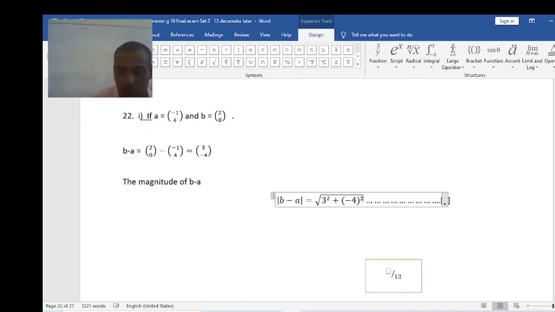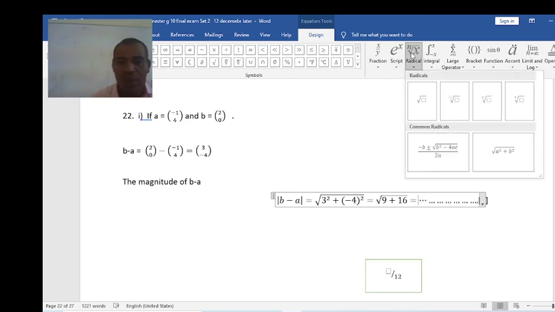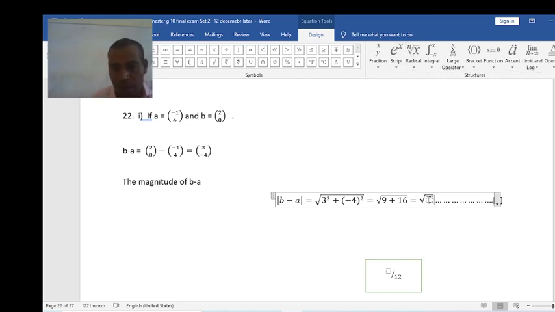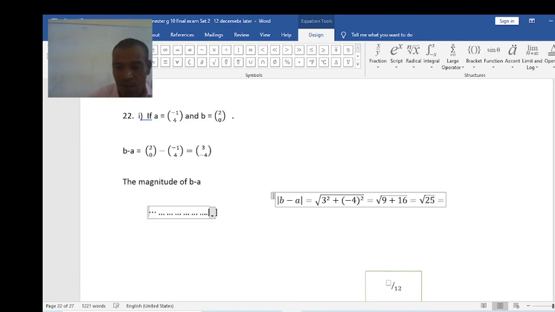So this one, my learners, equals the square root of 9 plus 16, which equals the square root of 25. I will write again, no problem, to explain this for you. 25, which is equal to what? To 5. Clear? To 5.